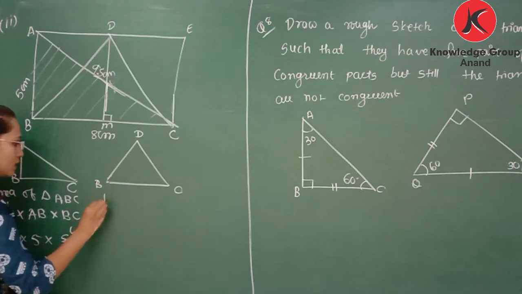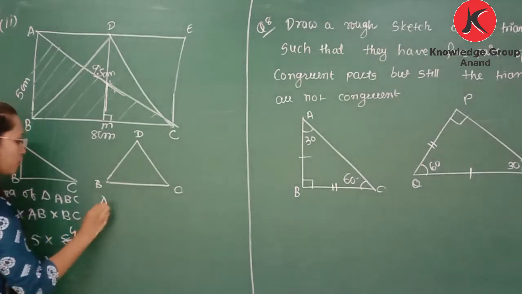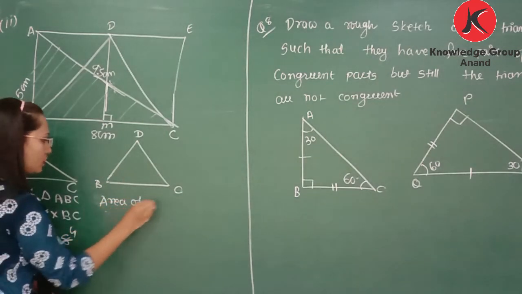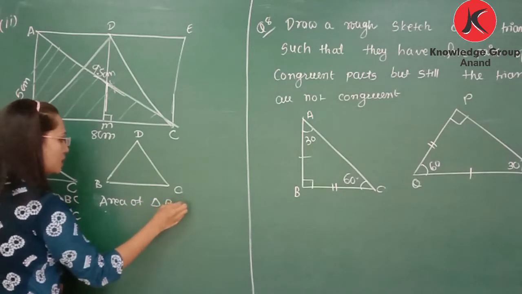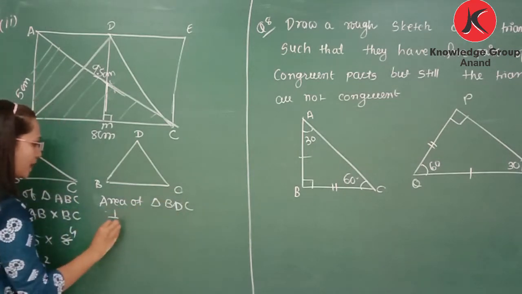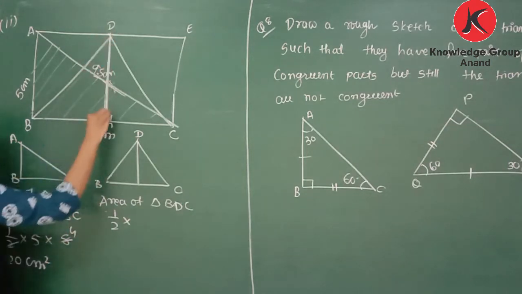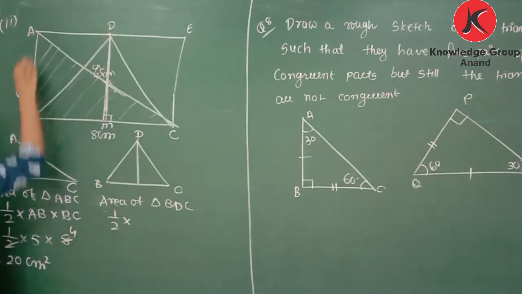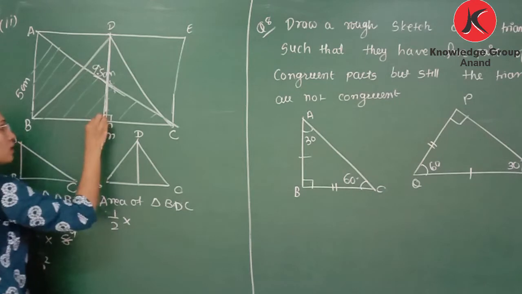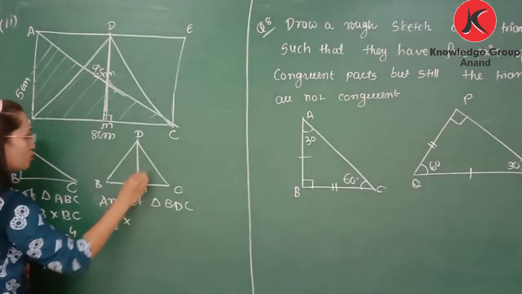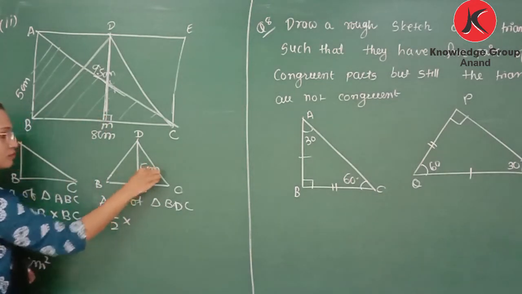Now for this triangle, it is again the area of triangle BDC. It is 1 by 2. Now this will be the height, and the height is this line. Whatever the length of AB, it is the same for BM. So it is also 5 centimeter.